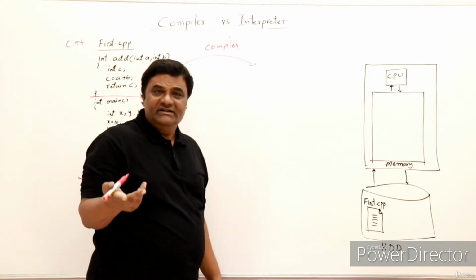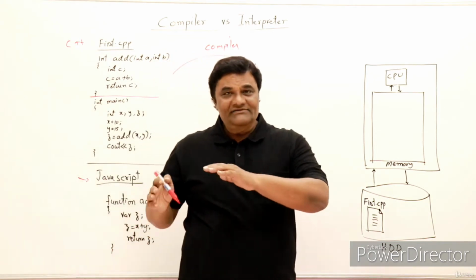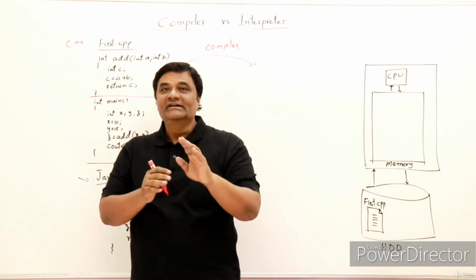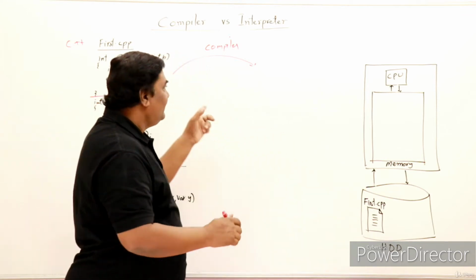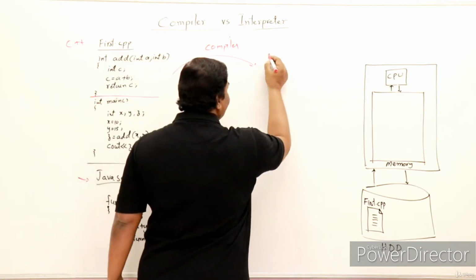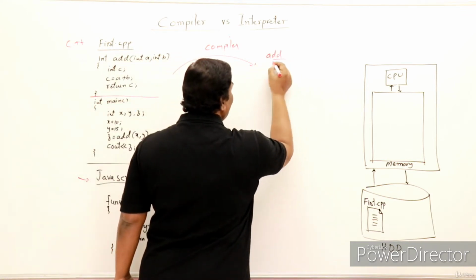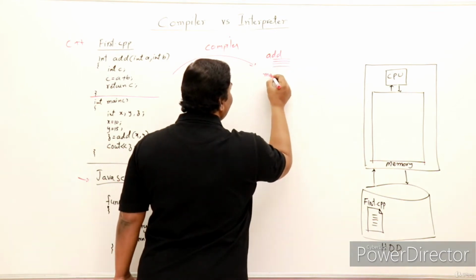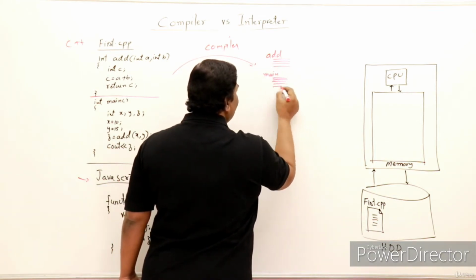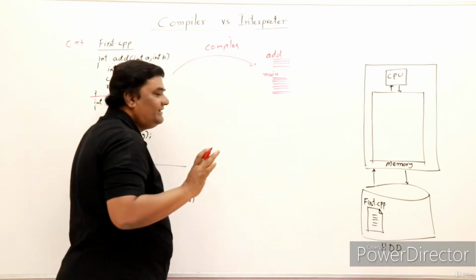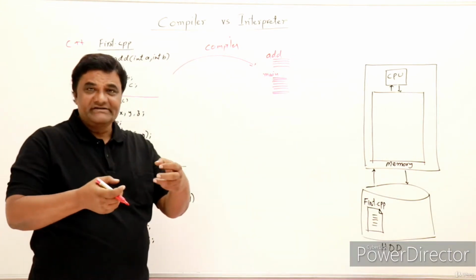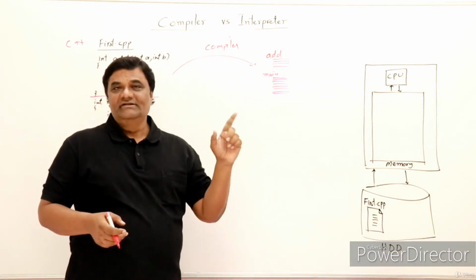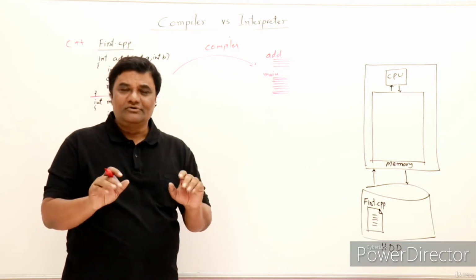No doubt we don't know anything about functions right now, but I have just written the program in two pieces. When the machine code is generated, it will generate two different pieces: machine code for the add function and machine code for the main function. The only thing you have to understand here is that if you break the program into pieces, then the pieces will be generated in machine code also. That is important.